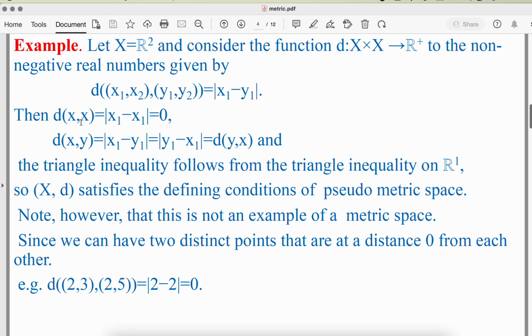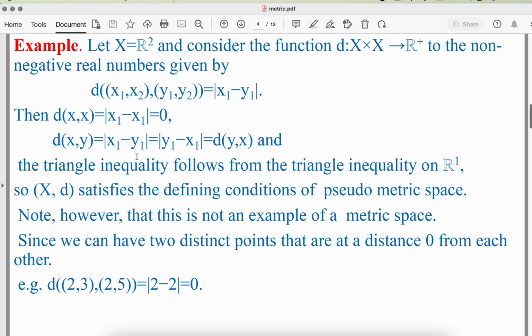Here x means (x1, x2) and y means (y1, y2). Because we have considered two-dimensional real space, in place of x we have (x1, x2) and in place of y we have (y1, y2), and we have defined the distance to be the modulus of x1 minus y1. So these two conditions are satisfied.